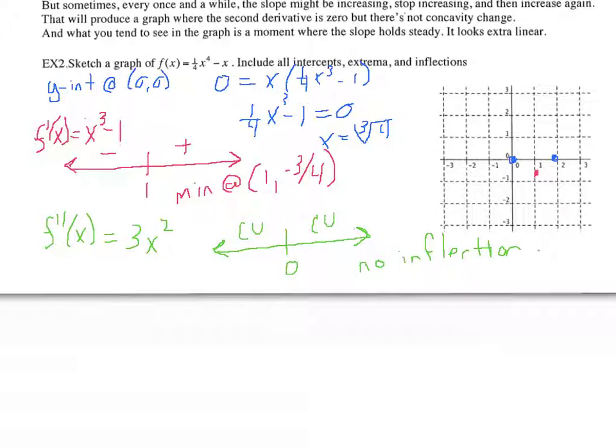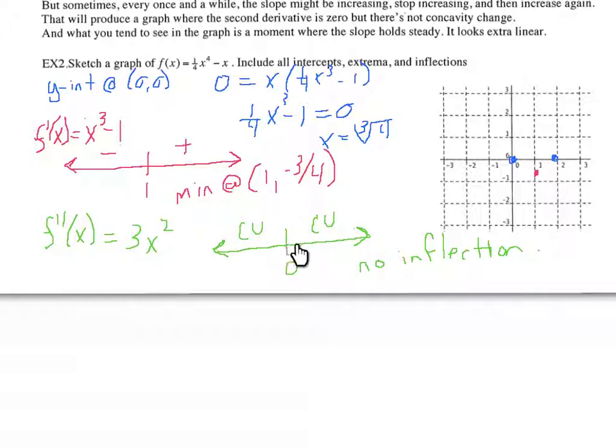What's happening is we have concave up, and then at 0 there's a pause in the concavity, if you will. If the concavity is 0, that means it's not concave up and not concave down, which means it's linear.